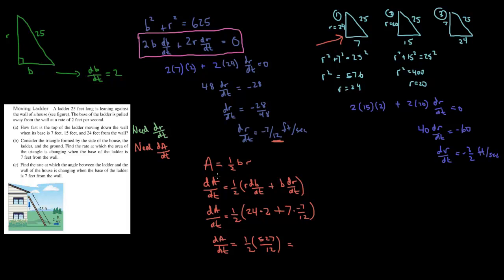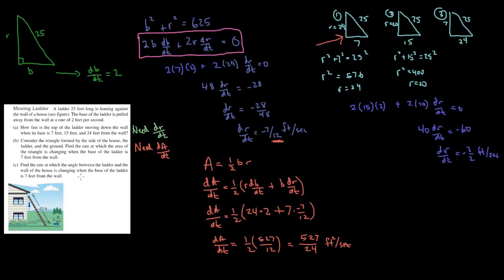Now, does that reduce at all? That's the question. Nope, doesn't reduce. 527 over 24. Now, we're talking about area there. That's how the area is changing. And we're dealing in feet and seconds. So area is in feet squared. So feet squared per second. So that's part B, talking about the area of that triangle changing.